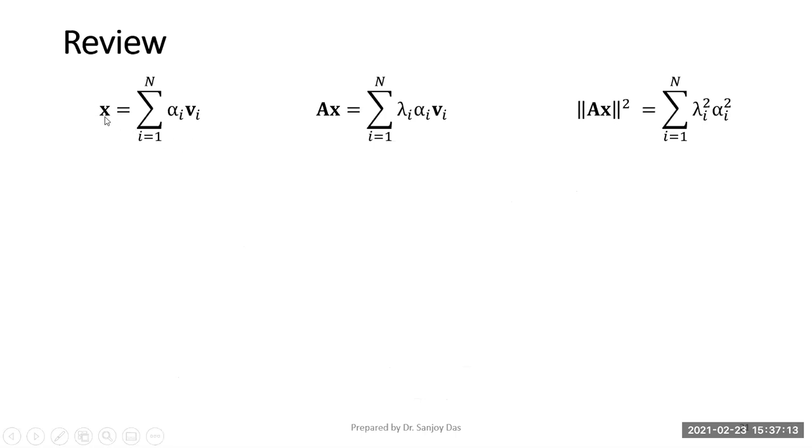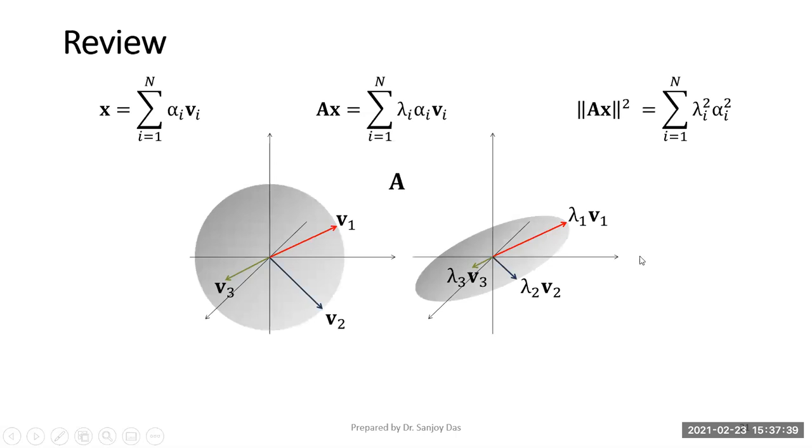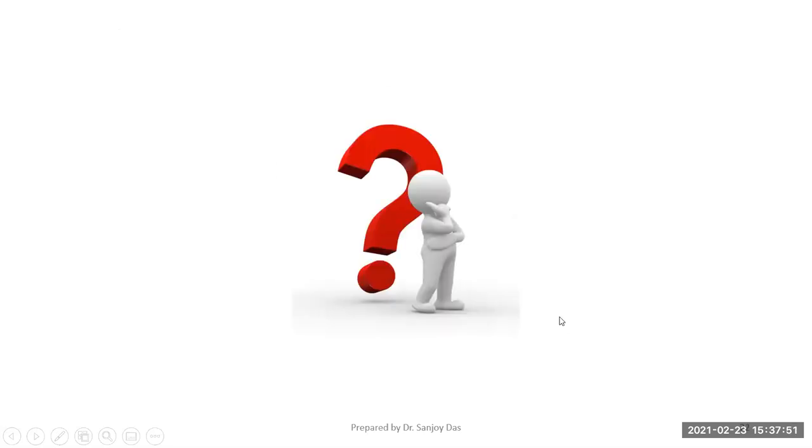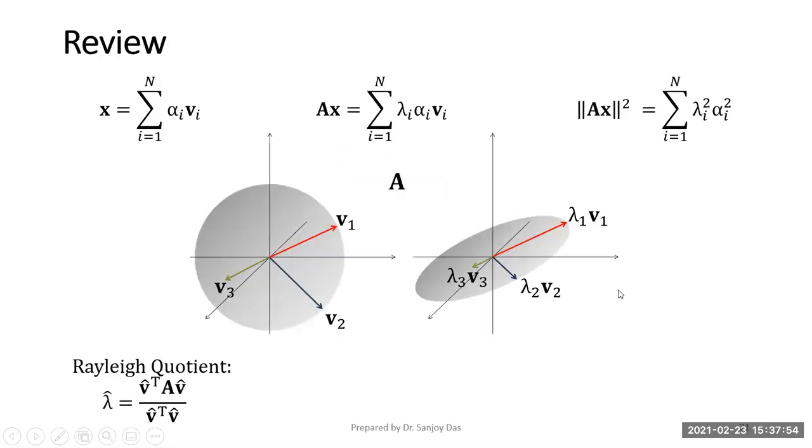We can represent any vector x as a linear combination of the eigenvectors because they are orthogonal, and the coefficients are the alpha i's. So Ax equals this. And the length of Ax squared equals the summation of lambda i squared alpha i squared. And this is the geometric interpretation. We want to stretch, we use the eigenvectors, and I'm just going to shortly give you a demo. Meanwhile, are there any questions?